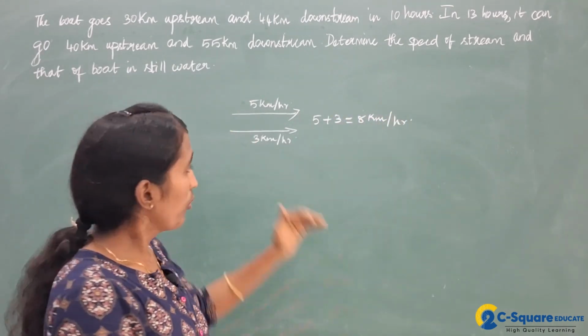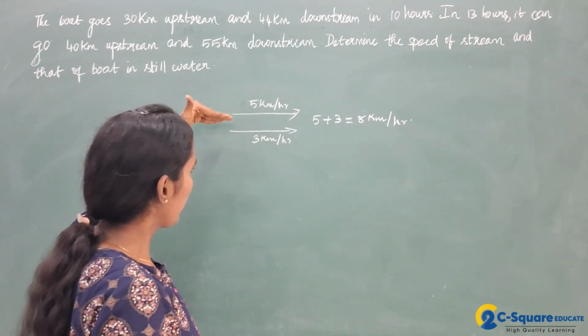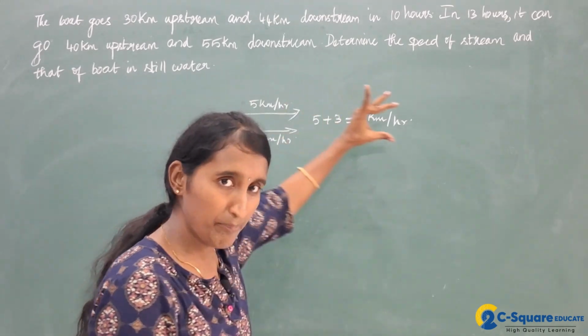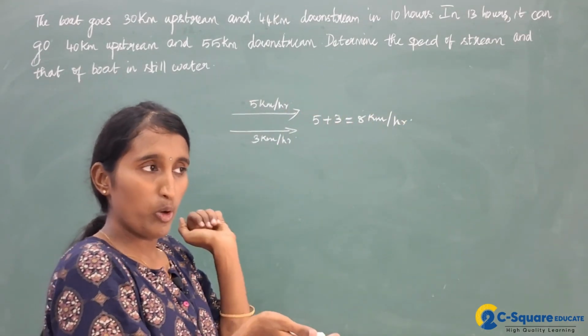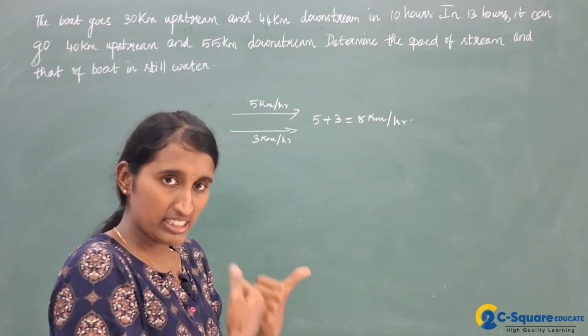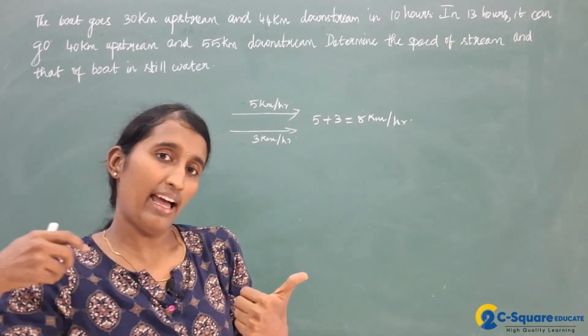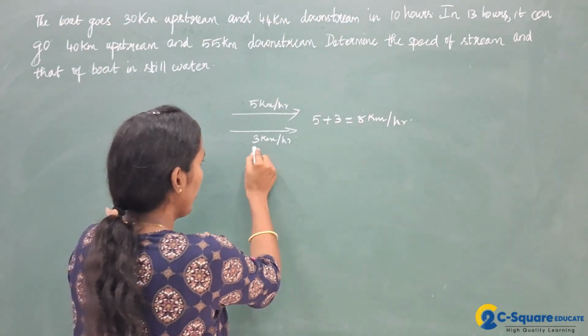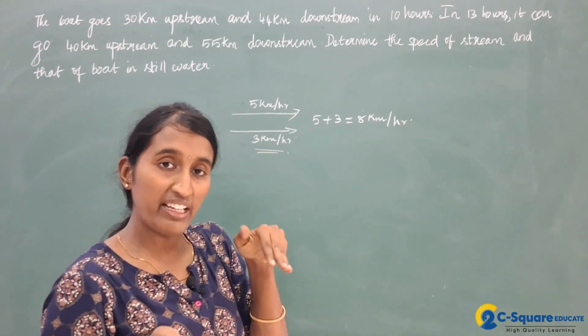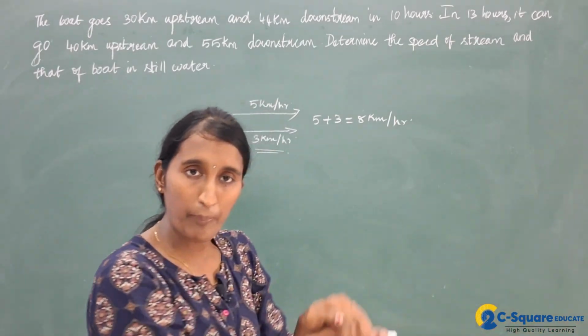Yes, so here the boat and the water move in the same direction, right? So when the boat is moving, it will have its own speed and also some force from the moving water, which is 3 km per hour. So finally it moves with 8 km per hour speed.